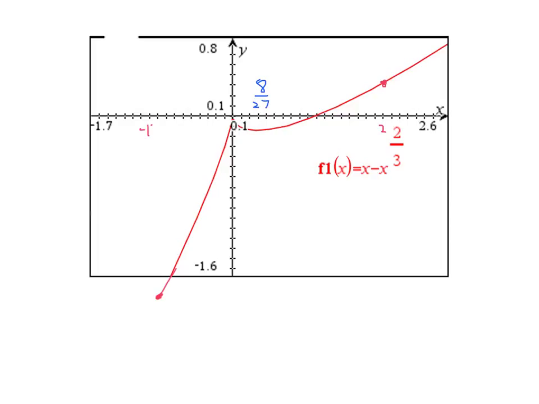If you go to the menu button and then choose, I believe it's Analyze Graph, you should see minimum and maximum options, so you can try the minimum and see if it doesn't give you back 8/27. Of course, it'll give it to you in decimal form, but you can check that out.